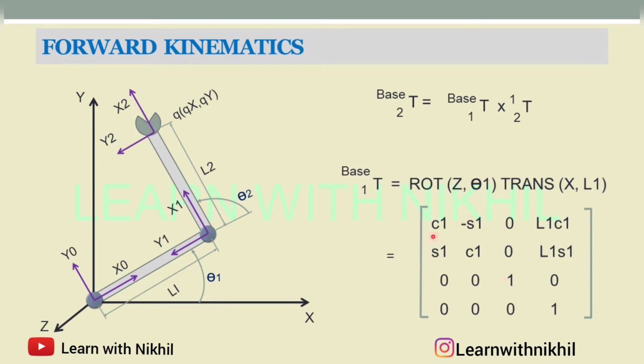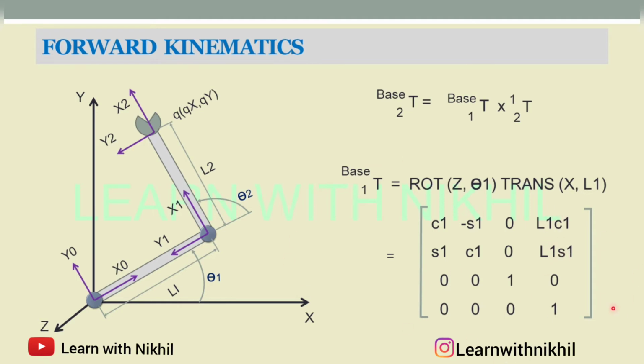For finding this, as we have studied, this is the 4x4 transformation matrix. This 3x3 is the rotation about the z axis: cos theta 1, minus sin theta 1, sin theta 1, cos theta 1, and this is the position part. Now this is the transfer along the x axis: L1 cos theta 1, L1 sin theta 1.